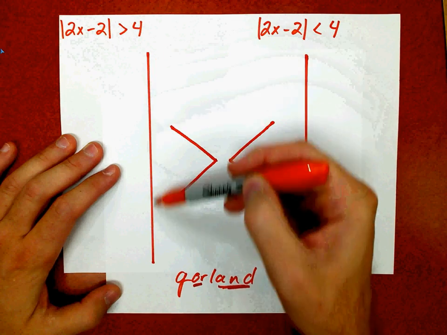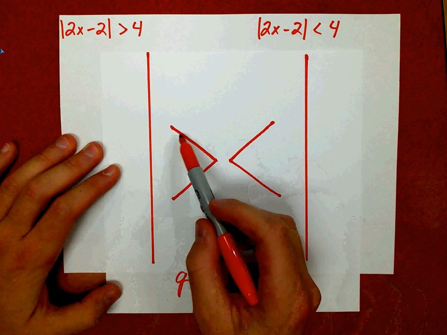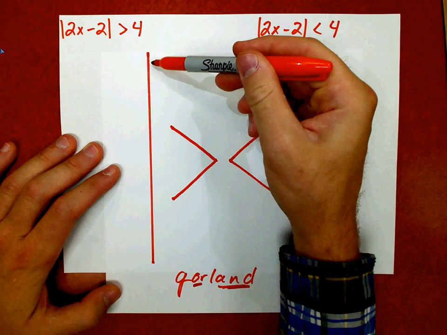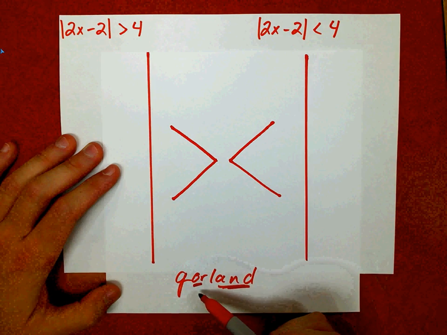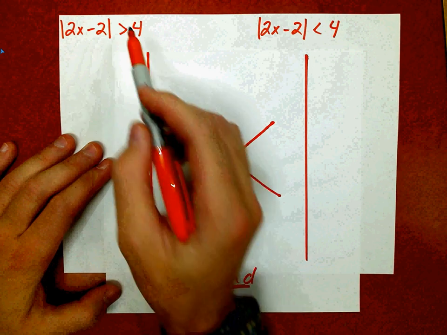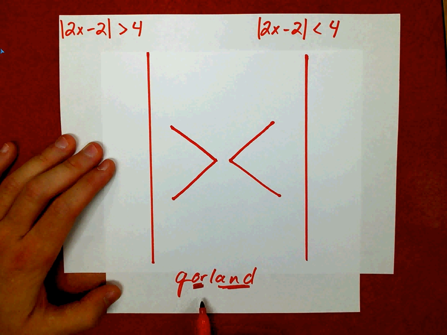So as you can see here, the doors look like an absolute value, while the handles look like inequalities. If the absolute value is greater than, like in this first example, 2x minus 2 is greater than 4, then we should set up an "or" compound inequality.